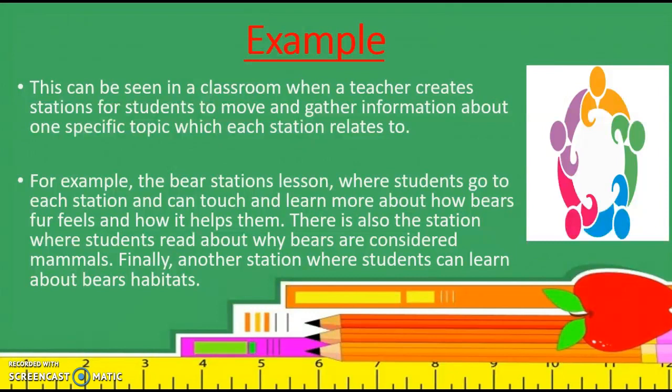There's also the station where students read about why bears are considered mammals. There's also a station where students can learn about bears' habitats. So they can go to these different stations and learn a little bit more about bears, but not specifically one whole thing. Each station has a different idea or information about a bear.